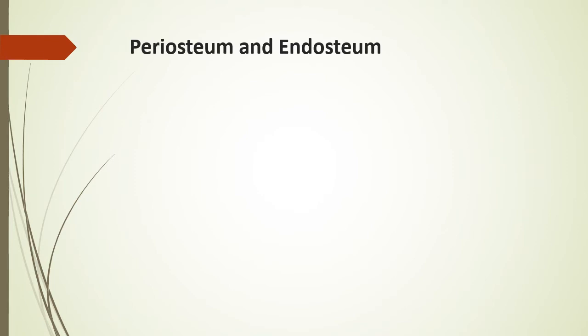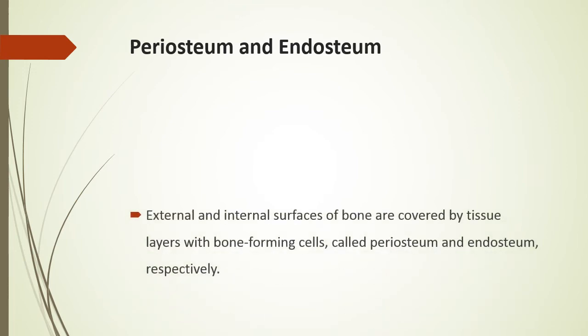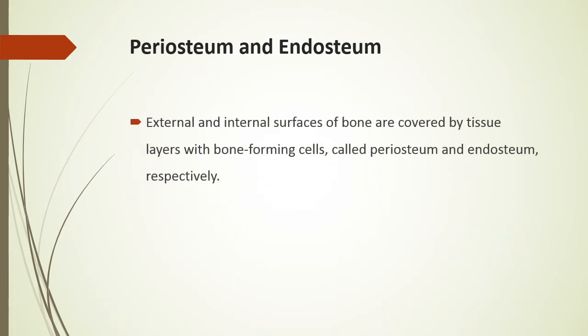We are moving to talk about the periosteum and endosteum. External and internal surfaces of bone are covered by tissue layers with bone forming cells, or osteoprogenitor cells, called periosteum and endosteum.